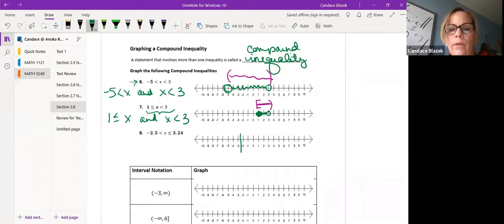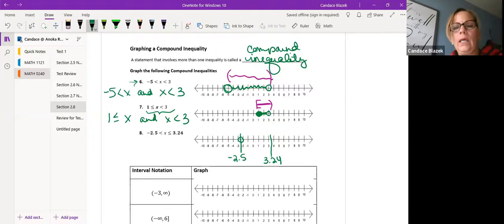So this is the line right here, -2.5. -2.5 is less than x, so I have my hole there, is less than 3.24. Okay, so 3.24 is between 3 and 4. It's a little more than 3. But it's less than or equal to, so I'll put a solid dot here, but it's everything between.